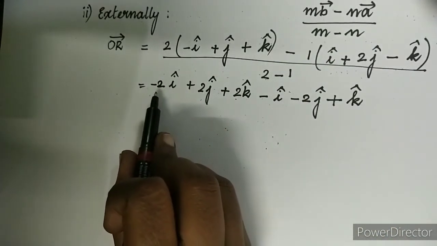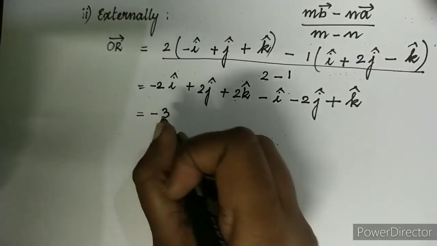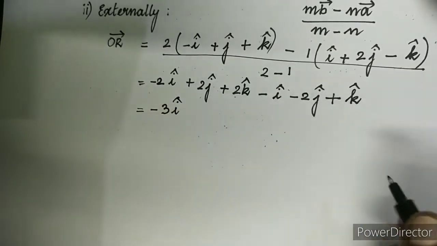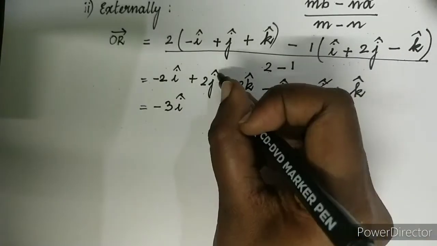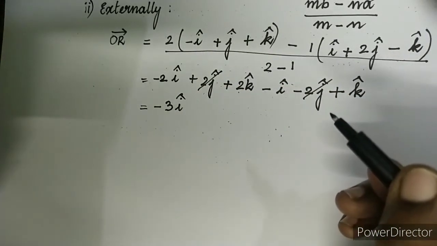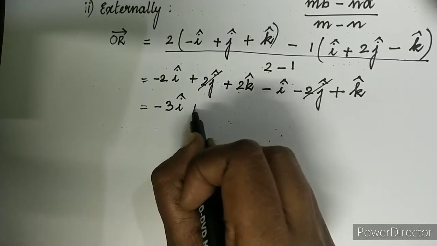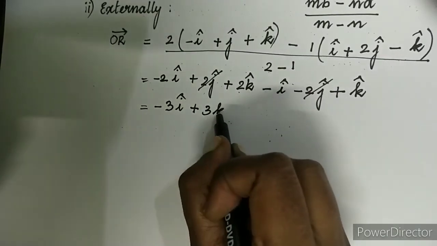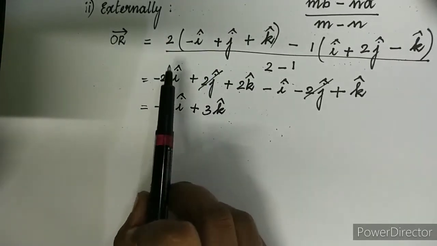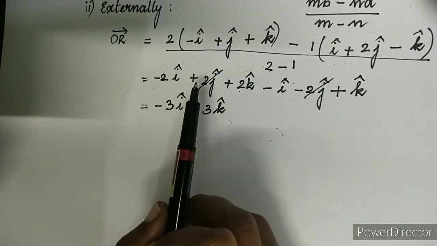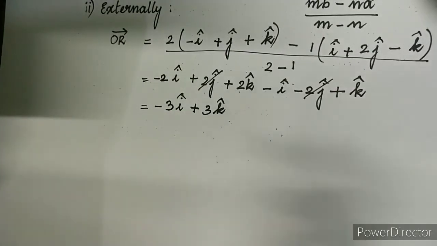Now we can simplify: minus 2 minus 1 is minus 3 i cap, and 2 j cap and minus 2 j cap will get cancelled, so no need to write that one, and 2 k cap plus k cap is 3 k cap. This is our position vector of the point R, which divides the points P and Q in the ratio 2:1 externally: minus 3 i cap plus 3 k cap.